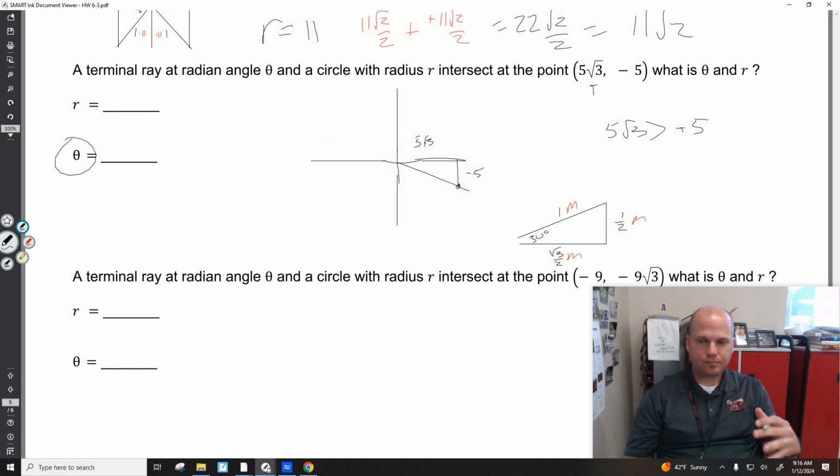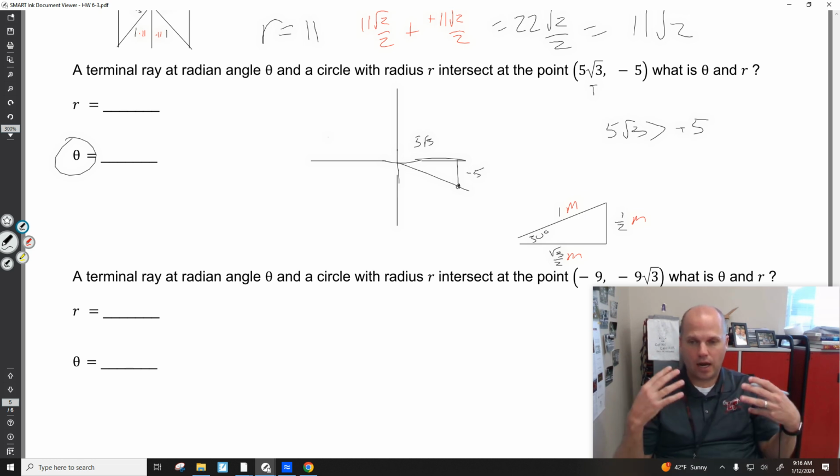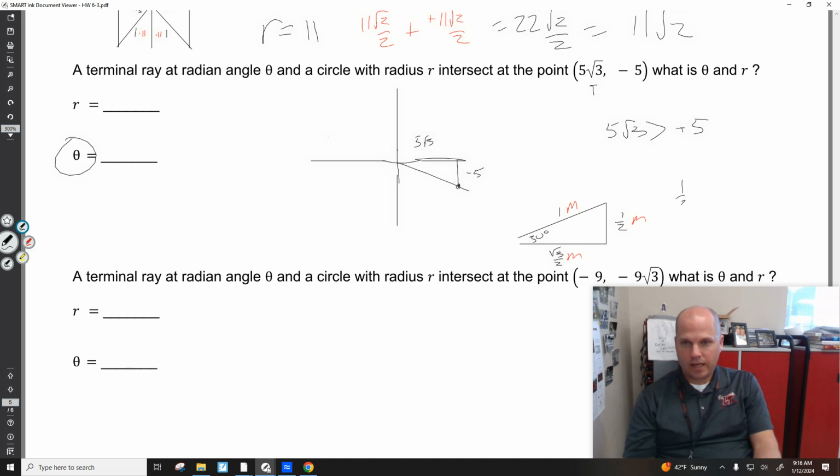Let's see if it works out, and this is like the practice problem we did, where the shorter side corresponds with the 1/2 side of our hypotenuse 1 30, 60, 90 triangle. So like I can do 1/2 times m has to equal negative 5. Or 1/2 times m has to equal 5. Let's not worry about like positives or negatives right now. Multiply both sides by 2, and I say m has to equal 10.